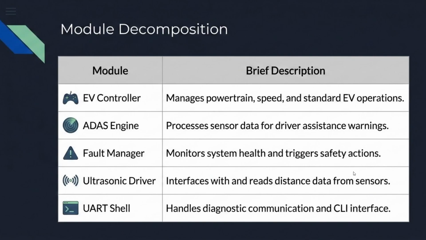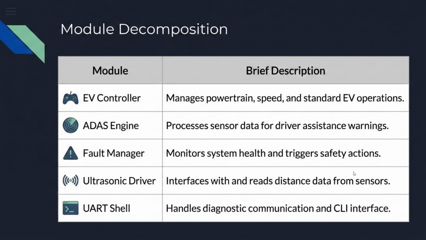So let's look at some of the modules we used in our project. The software is divided into multiple modules so that each module has a specific responsibility. The EV controller handles standard electric vehicle operations like speed calculations and powertrain management. The ADAS engine continuously analyzes sensor data and determines if any driver warning should be generated.